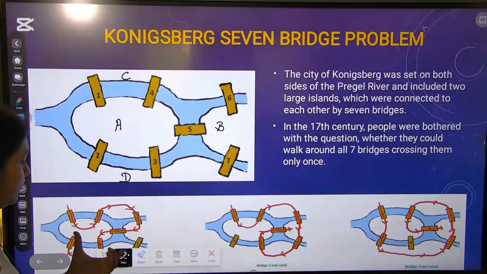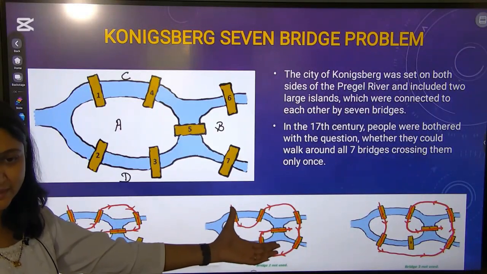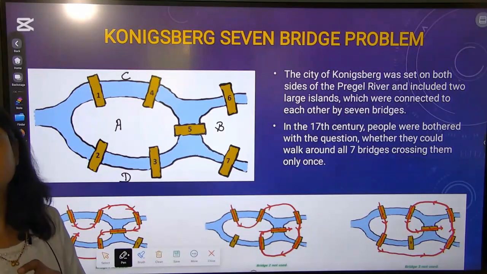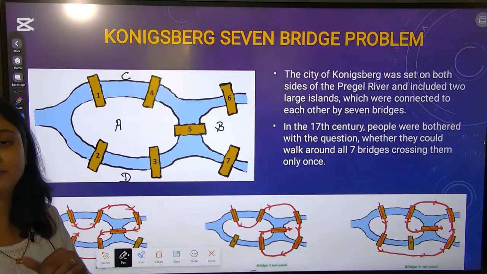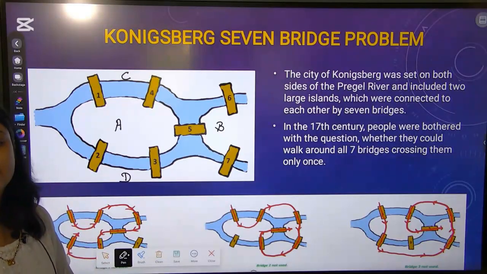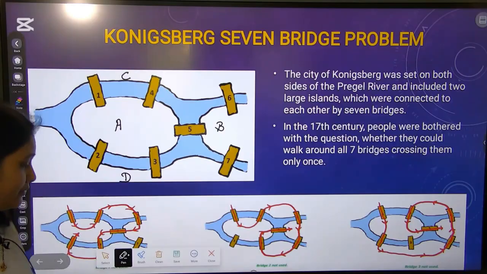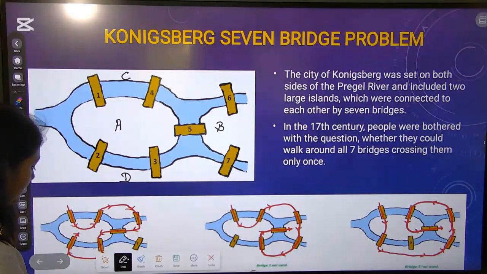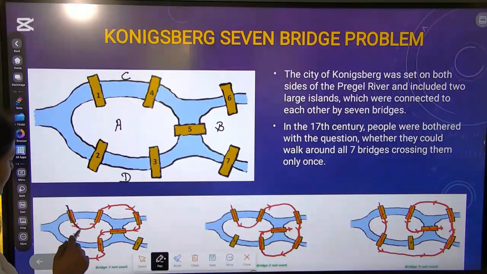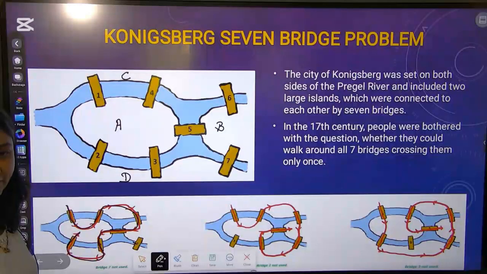They tried many times, but at least one bridge they must have had to travel more than one time. So these are some of their tries. If they started from this, then go to this, then this, then this, but this bridge has been left.